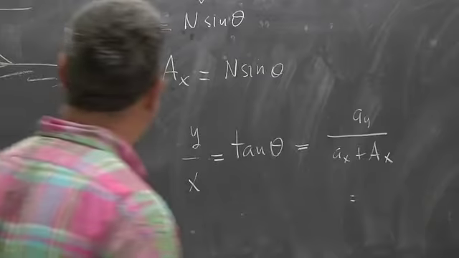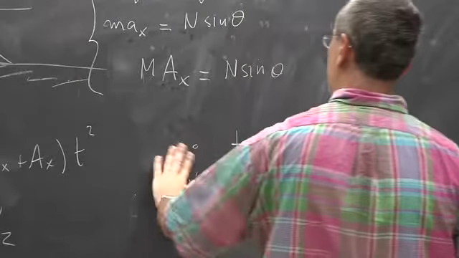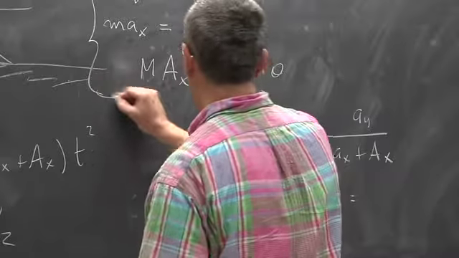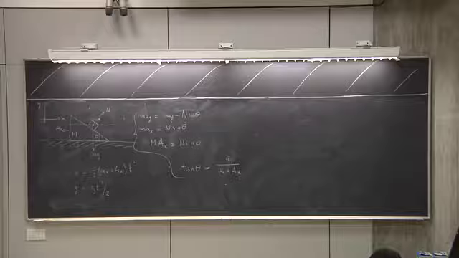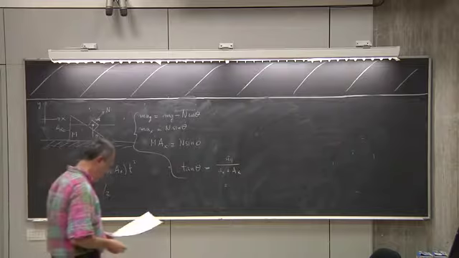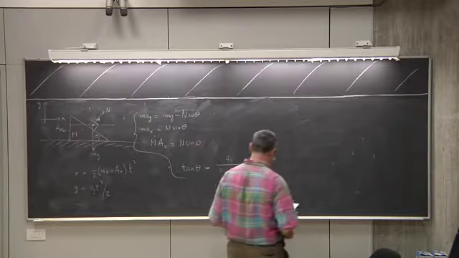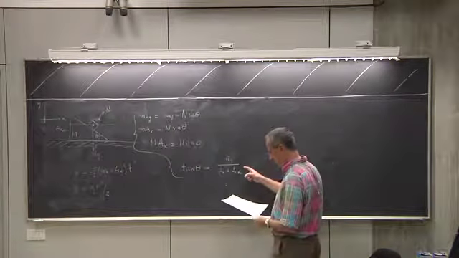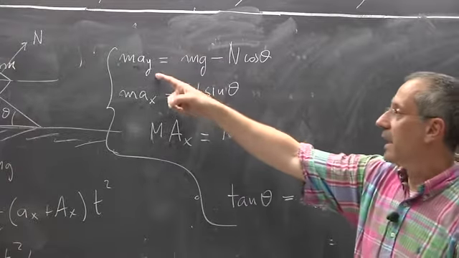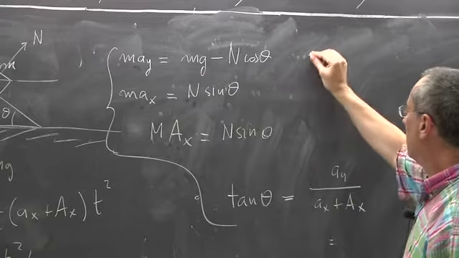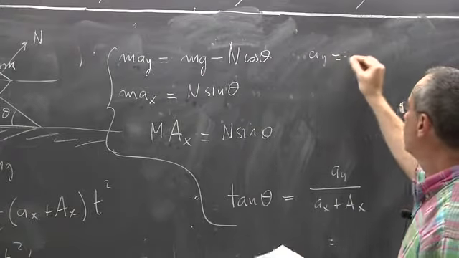Okay, so now I have 4 equations. This I can forget. And I have 4 unknowns, so it's just an algebraic problem to find the solution. For instance, you can solve this, because a_y is just g minus n over m cosine theta.